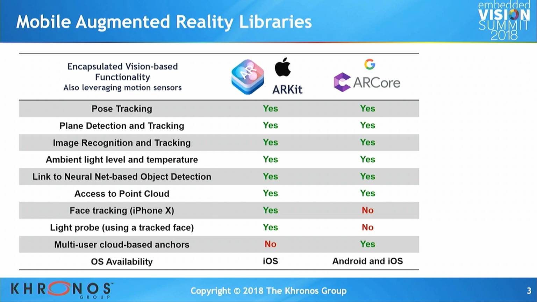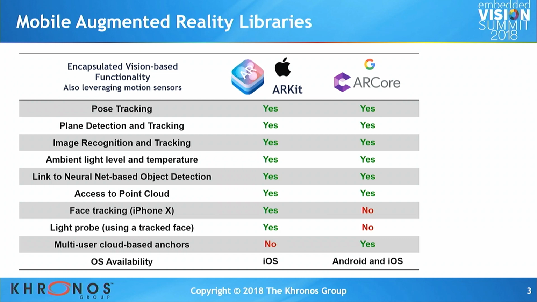They both provide access to the point cloud, so you can begin to do photogrammetry type operations over these libraries. Apple are exploiting the iPhone 10 face tracking, and they can even use the face as a light probe, which is pretty cool, so you get better measurements of the ambient light. Google just launched multi-user cloud-based anchors, so you can have multi-user AR sharing anchor points and objects between multiple devices.